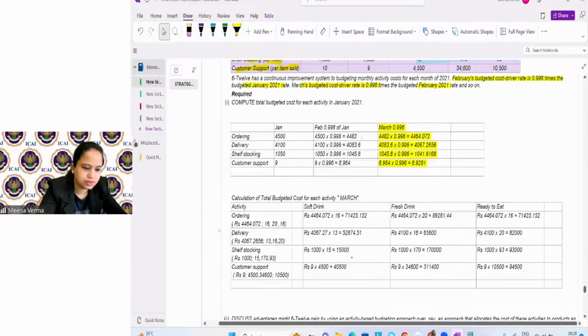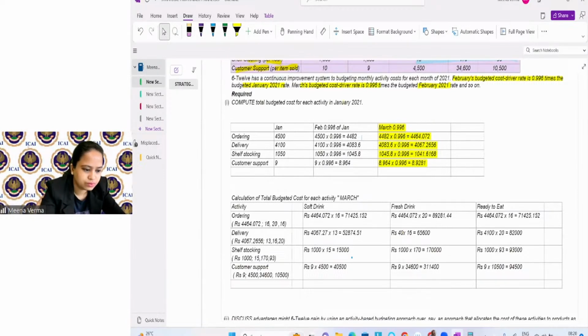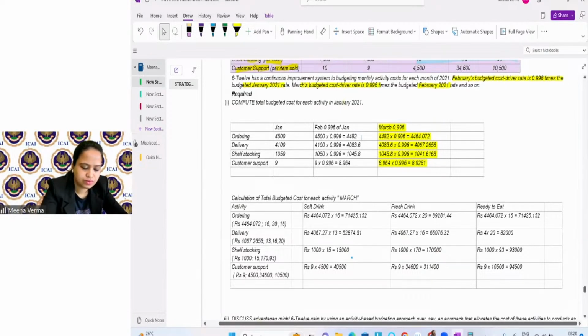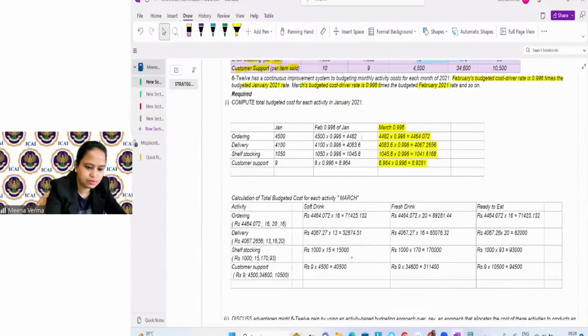And here the same thing. 4067.27 into 16 equals to this one. 4067.27 into 20 equal to this one.